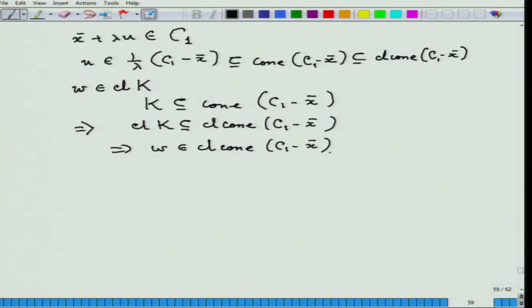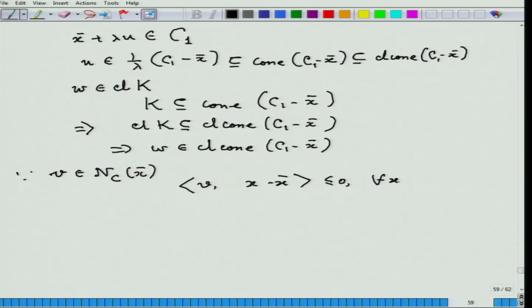Now, since W is an element of this, and V is an element of this, take any V. My V was in the normal cone, but it was not in the set S. So, since V is in this set, V times (x minus x bar) is less than or equal to 0 for all x in C. But this implies that V times W' is also less than or equal to 0, for all W' in the closure of the cone generated by C1 minus x bar.